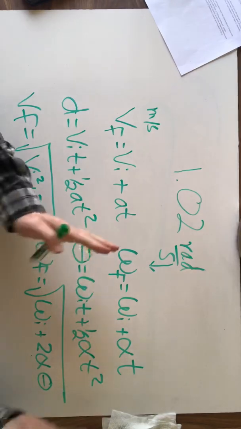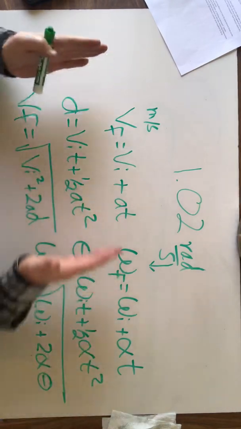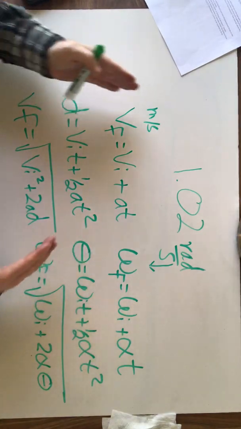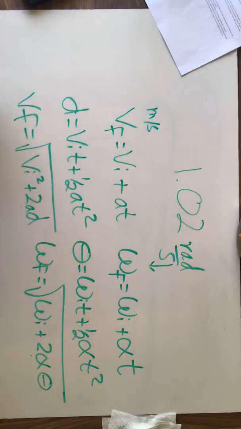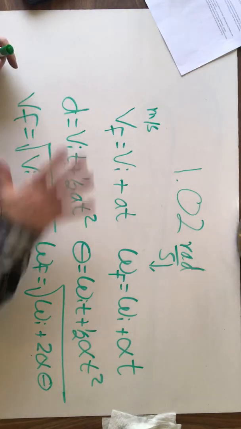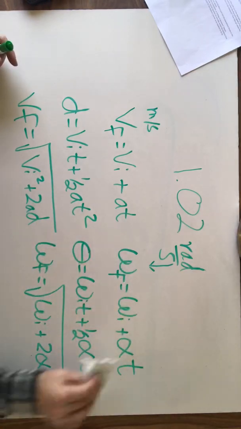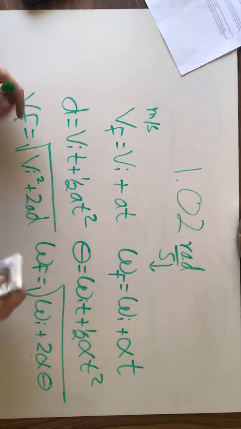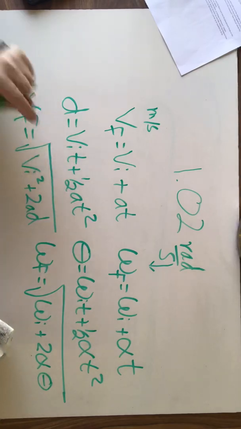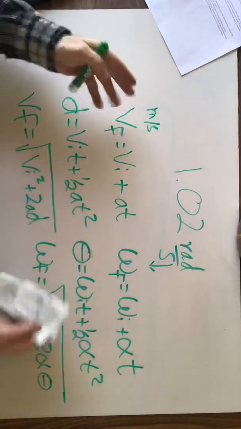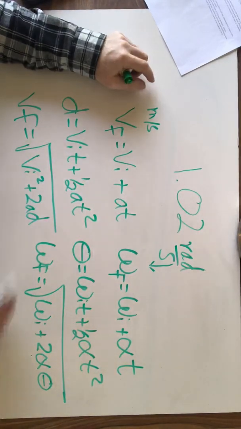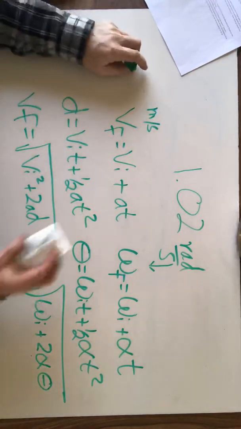This means you better be using radians, and this means you better be using meters per second. So if you can remember that the equations are set up the same way, and we use radians for these, you can go ahead and use these and just think radians, because they are the same equation.